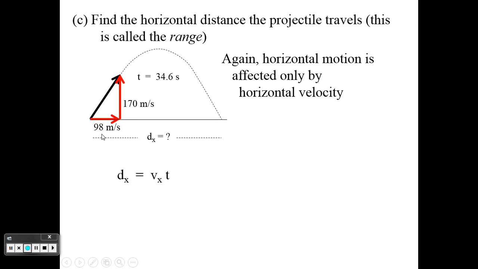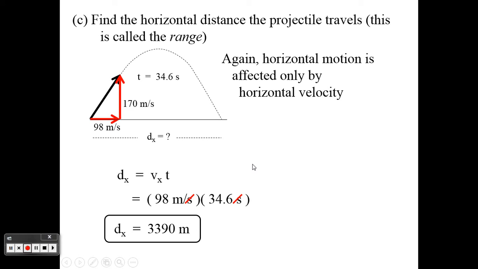V sub x is the horizontal component of the original velocity, 98, and the time of flight was 34.6 seconds, which gives me an answer of 3,390 meters. Once again, the motion in the vertical is affected by gravity. Motion in the horizontal is not.